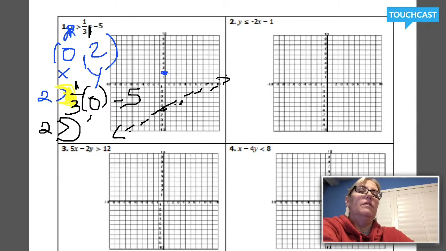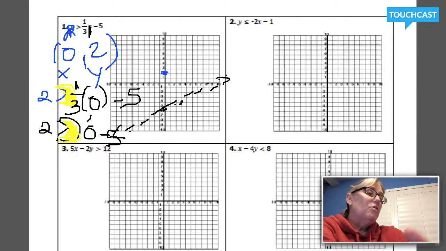I'll make them black and fill them in yellow. And then it's 0 minus 5, because again, 1/3 times 0 is 0, and then minus the 5. And then 0 minus 5 is negative 5. I really should get in the habit of calling the negatives a negative.